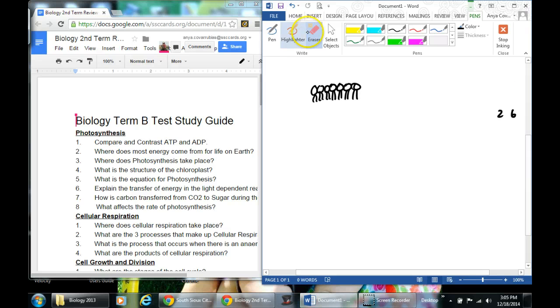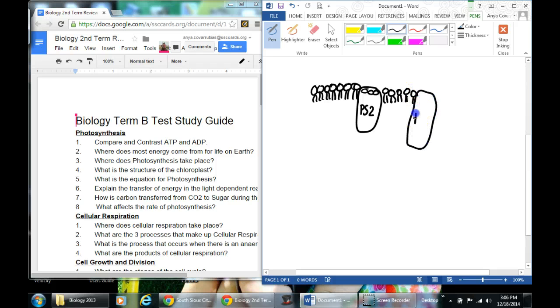Okay, so we have the thylakoid membrane, and in the thylakoid membrane we have some really important proteins. Our first one is called PS2, photosystem 2. And here we have our little chlorophyll molecules. Okay, and we have photosystem 1.